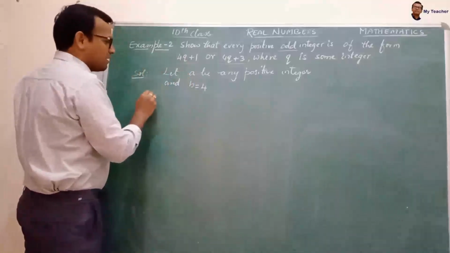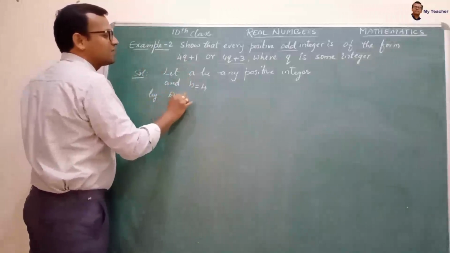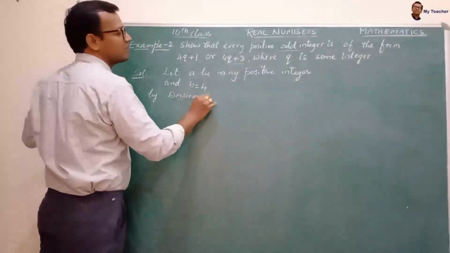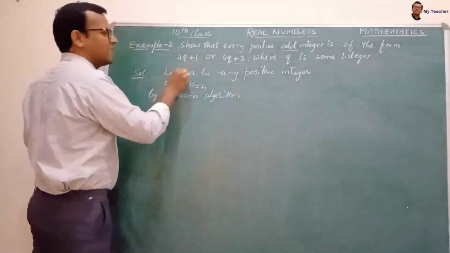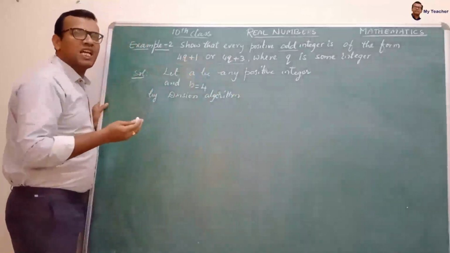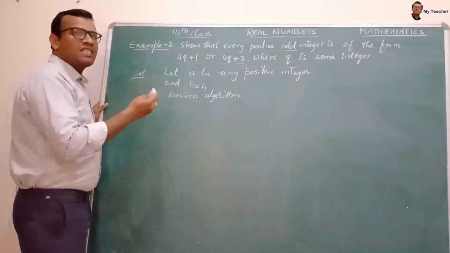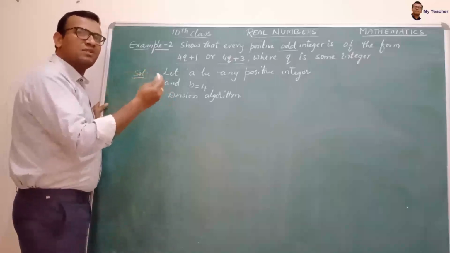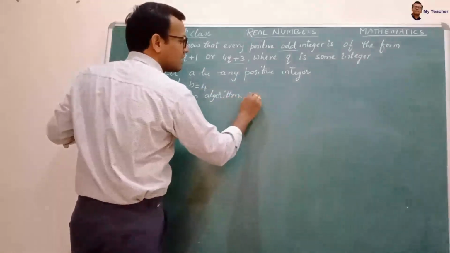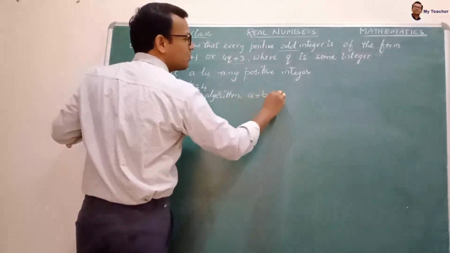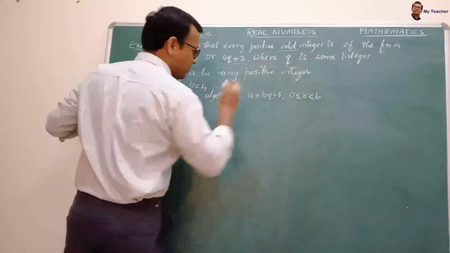Now by applying division algorithm on a and b, how will it be? What is division algorithm? a is equal to bq plus r, where 0 is less than or equal to r less than b. Let me write here. a is equal to bq plus r, where 0 less than or equal to r less than b.